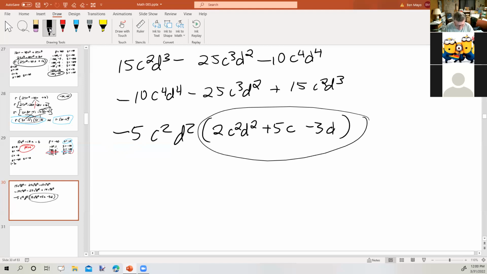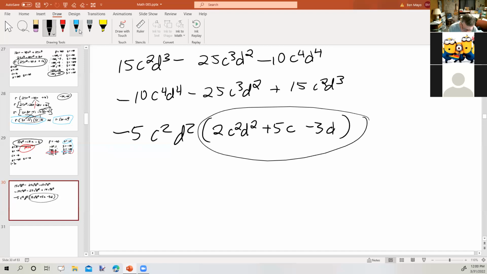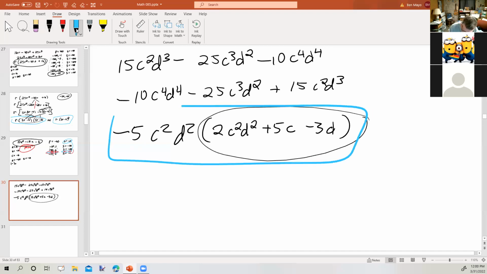No, it's not. Let's go back here. This problem, I couldn't take anything out. I couldn't factor it at all, so it's prime. This problem, I factored out that greatest common factor. Now, what's in parentheses doesn't factor further, but the entire thing is not prime, okay?